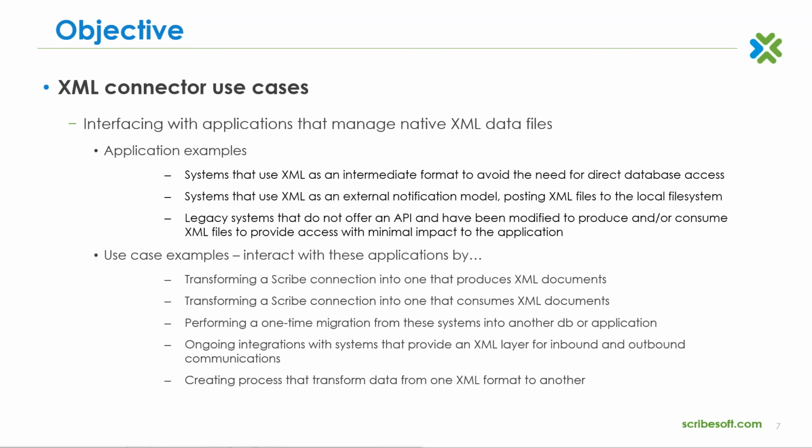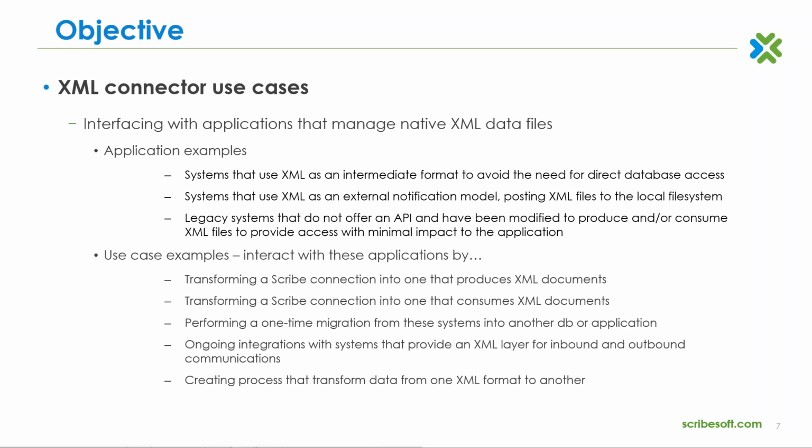Or you've got XML as an external notification model. So some system that's able to post XML files to your local file system and you want to pick them up, or it can grab them off there and you want to post for them. And then there's a lot of legacy systems out there that just don't have an API. They've been modified to produce or consume XML files to provide access with minimal impact on that application. So it's those kinds of applications that this is good for interacting with.